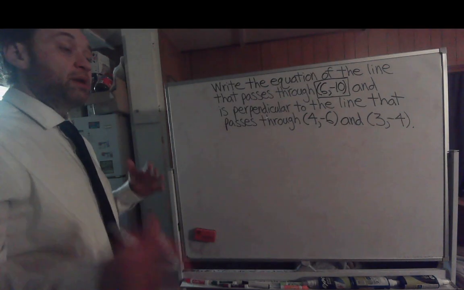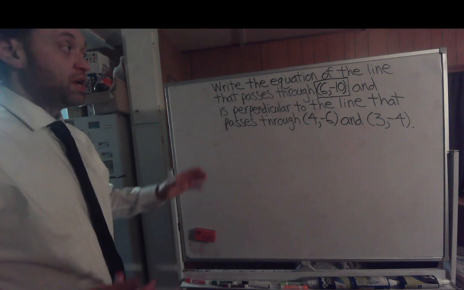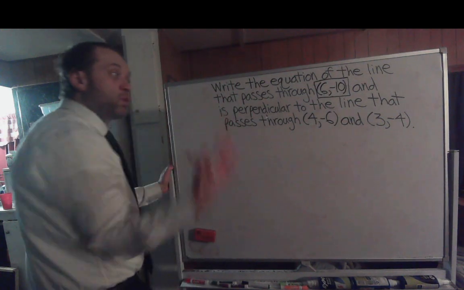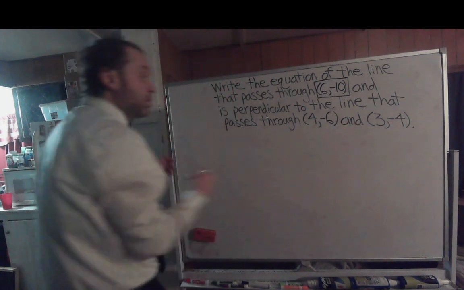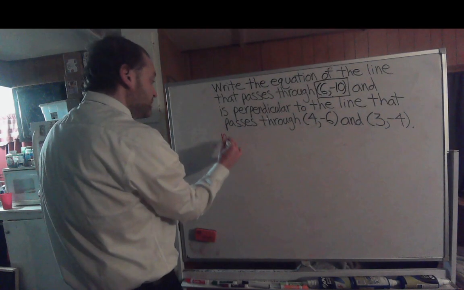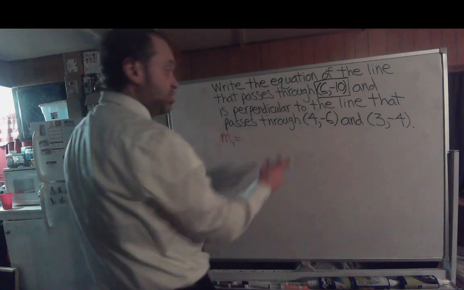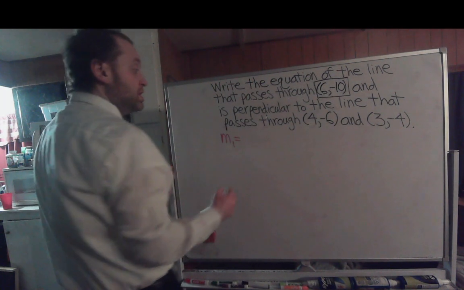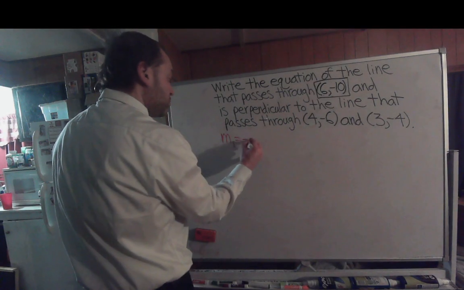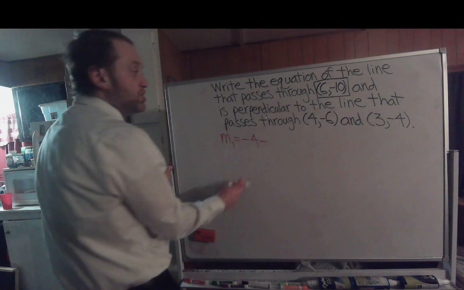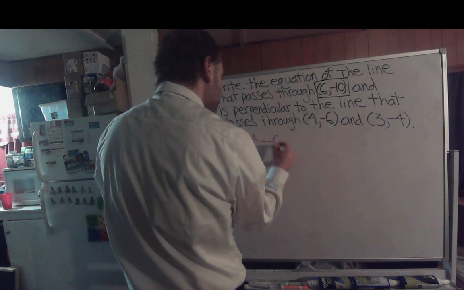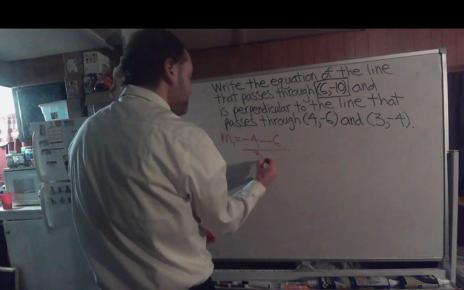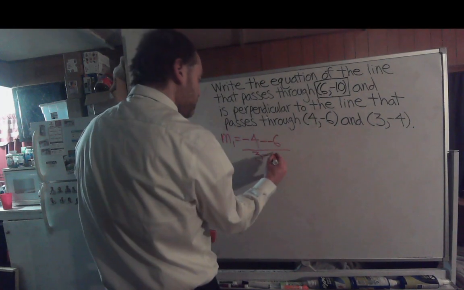But since we're talking about slopes here, since it's perpendicular, my advice would first be to find the slope of the line that passes through (4, -6) and (3, -4). We'll call that m sub 1 for our first slope. So take your second y coordinate of -4 minus your first y coordinate of -6, divide all that by your second x coordinate of 3 minus your first x coordinate of 4.